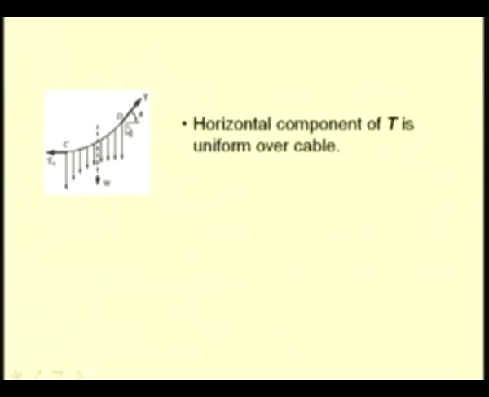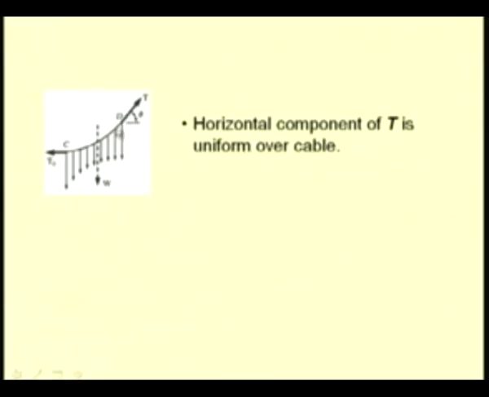Now, if we move this point along the cable to any other location, the tension in the cable changes, but we see that the horizontal component of this tension T, which is equal to T cos theta, has to be equal to the tension at this point C throughout the length of the cable.